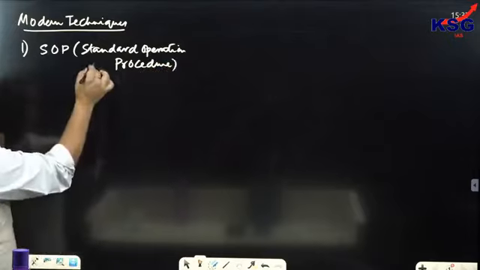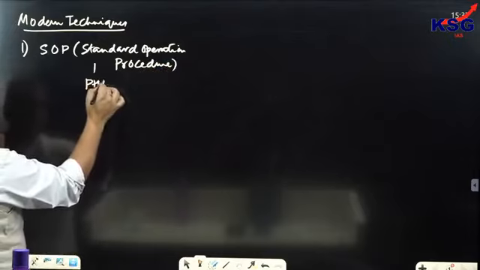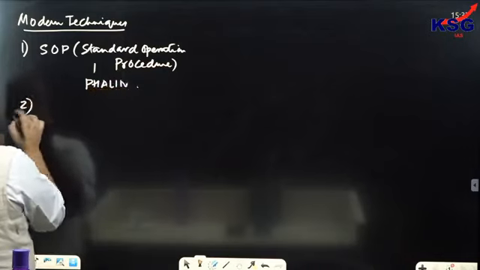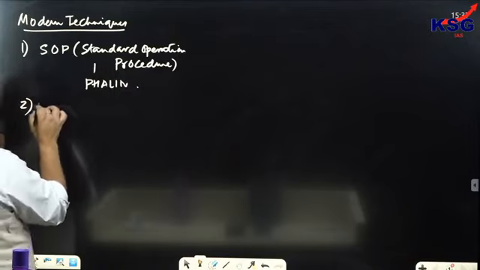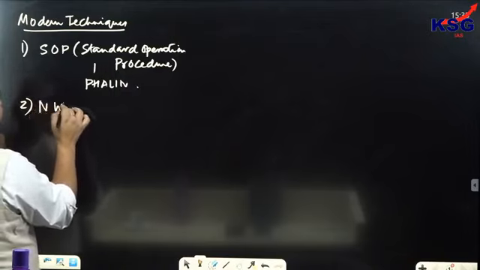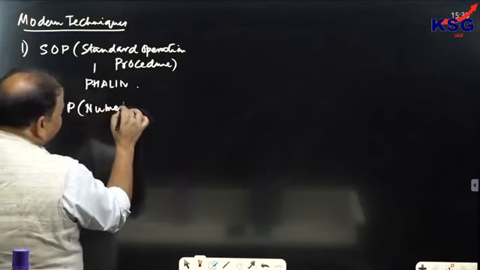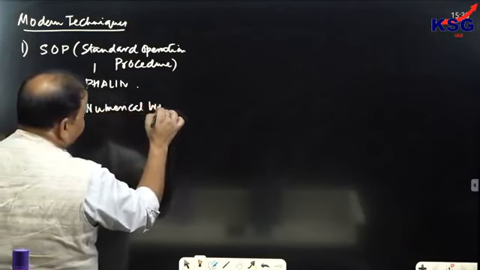Now this was used for forecasting Phailin cyclone on time. And a more advanced method than SOP is called NWP, that is numerical weather prediction.